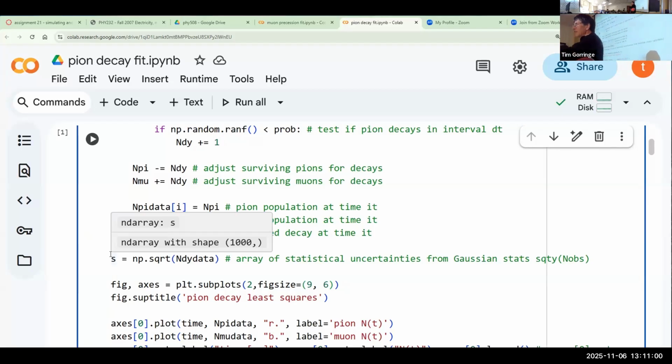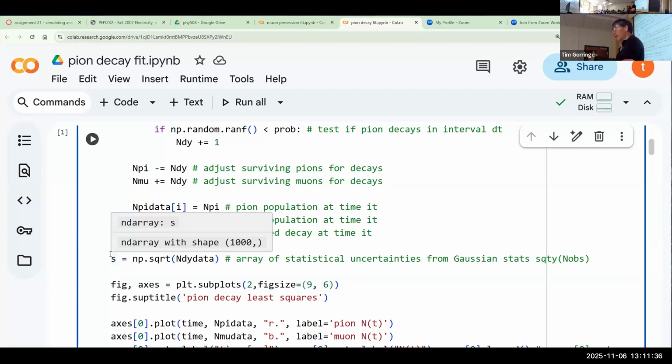In this cell, I just wanted it for plotting, to give us an idea of the scale of the fluctuations on our data. So I took the square root of the number of counts in each time bit as an indication of the statistical fluctuations that I would expect when I do this experiment. If I simulated many times, I could map out these statistical fluctuations.